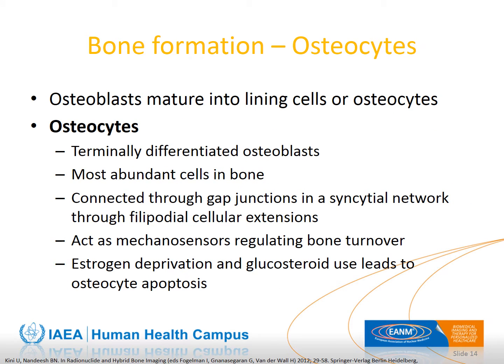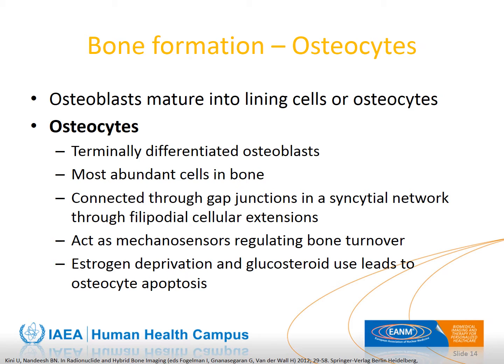Osteoblasts mature into lining cells or osteocytes when they cease producing bone matrix. Osteocytes are therefore terminally differentiated osteoblasts and are the most abundant cells in bone. They are interconnected through gap junctions in a syncytial network through filopodial cellular extensions and act as mechanosensors.